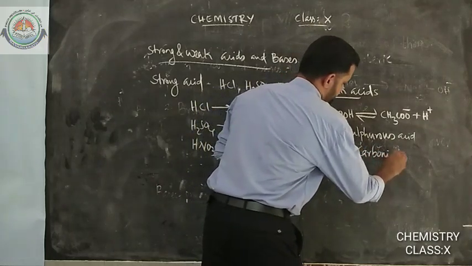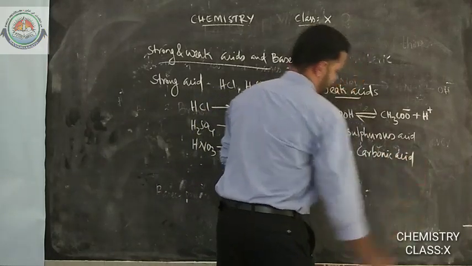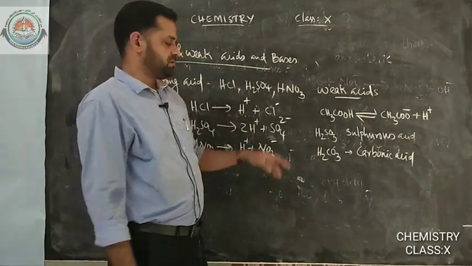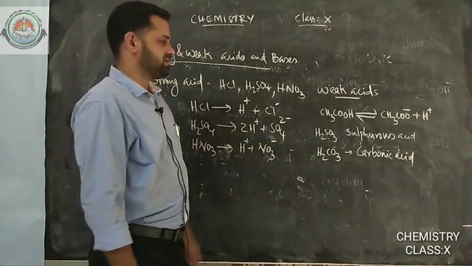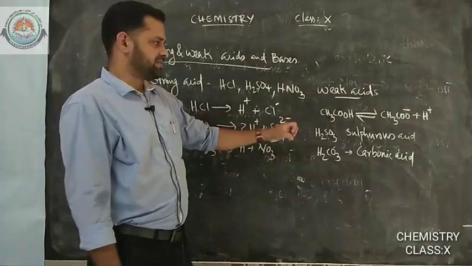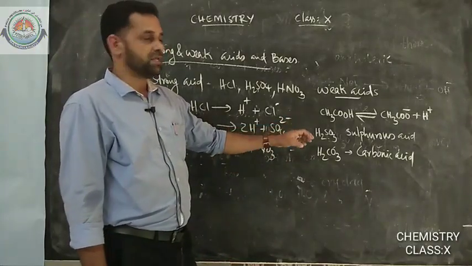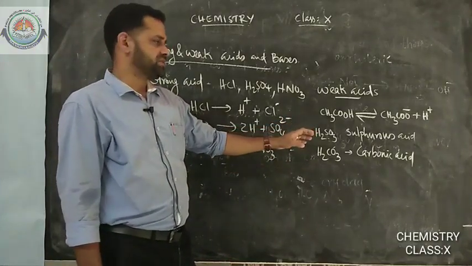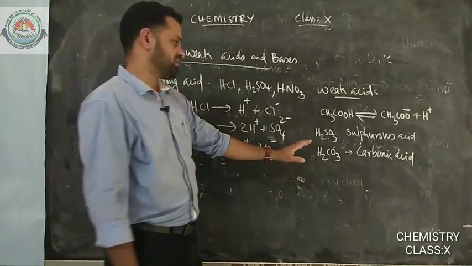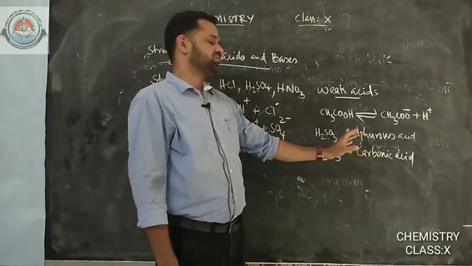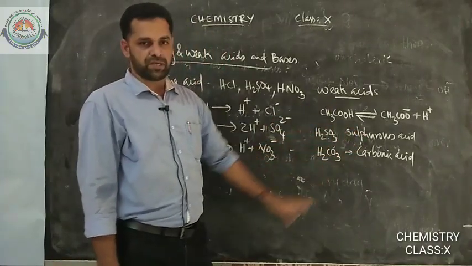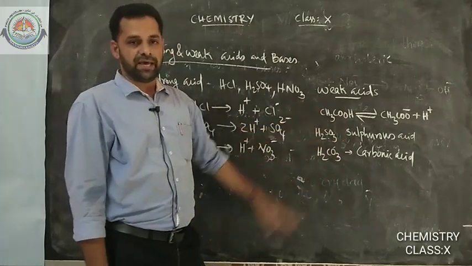Lactic acid. All these are weak acids. Weak acids are the acids which dissociate partially, or partial ionization is taking place, and they give only a lesser amount of H plus ion. They are called weak acids.